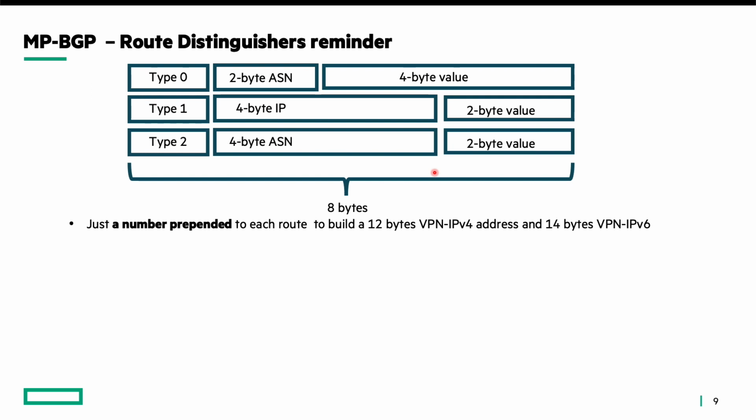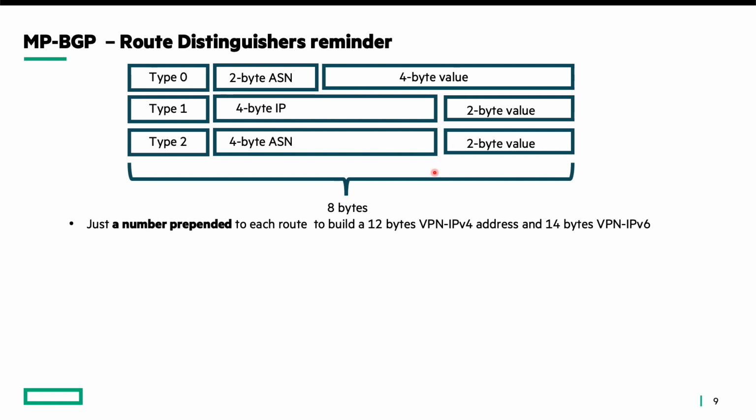The RD you just need to consider as a number. It's just a number that will be used to identify these routes. Let's say on a service provider network using MP-BGP, usually in an MPLS network, in provider edge devices, we build MP-BGP peering, VPNv4, and this is a way to distinguish prefixes from one VRF to another VRF.